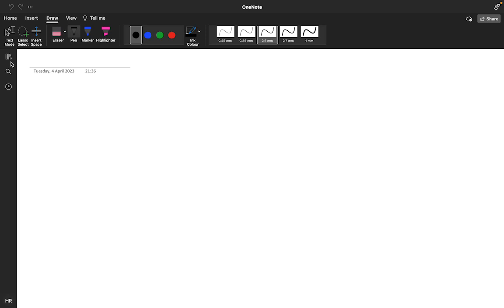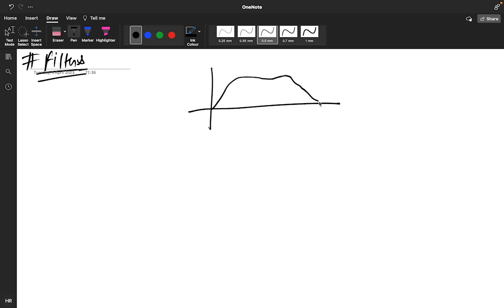What is the use of a filter? To remove any unwanted ripples from the signal. Suppose this is your frequency response, X of f against f.